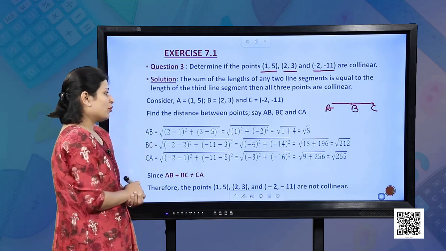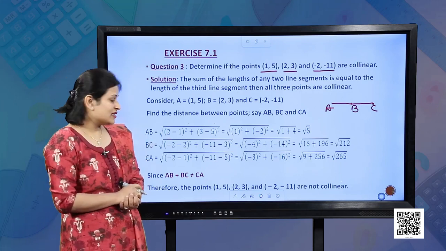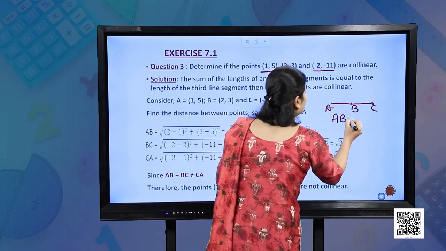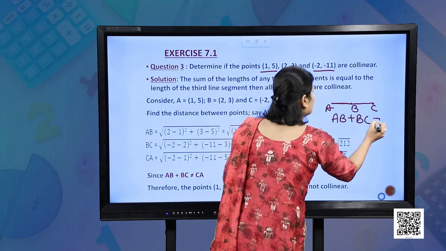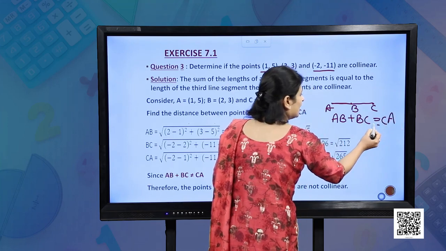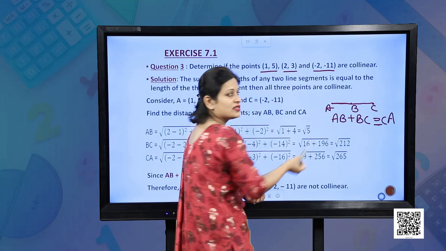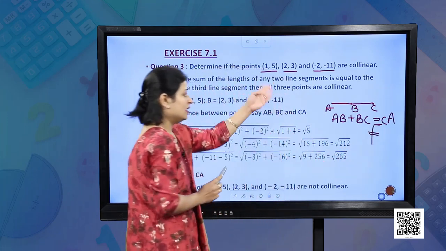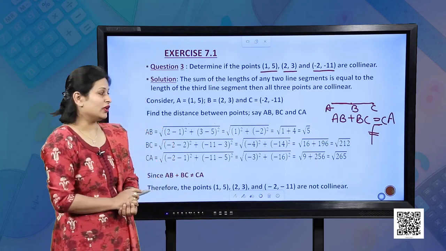So basically we will prove that AB plus BC is equal to CA. If this is equal, then these 3 points are collinear, and if this is not equal, then these 3 points are not collinear.